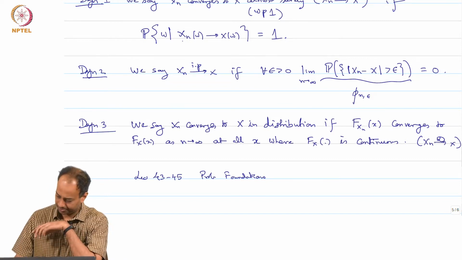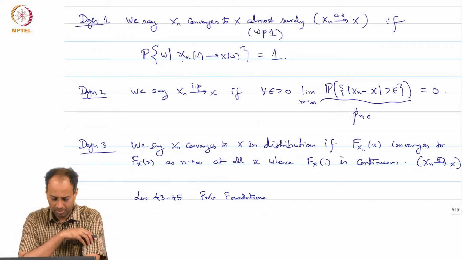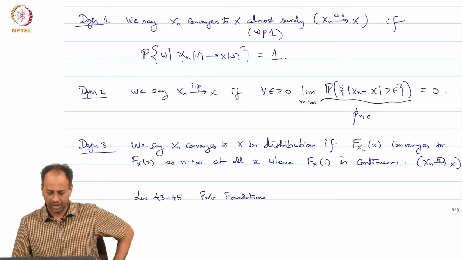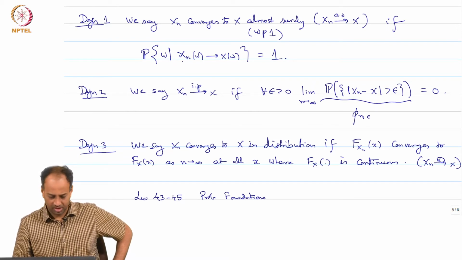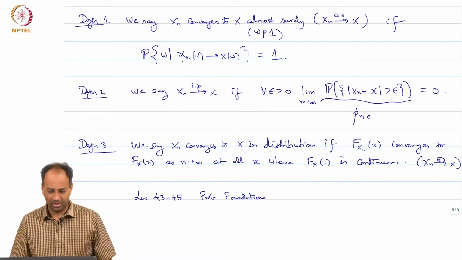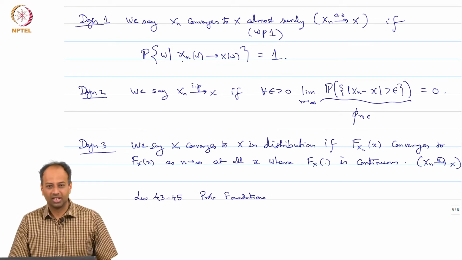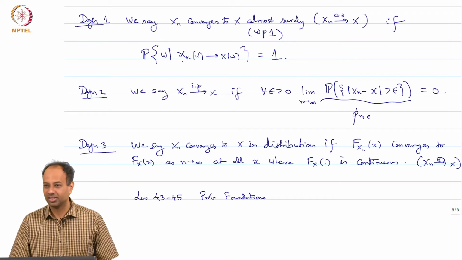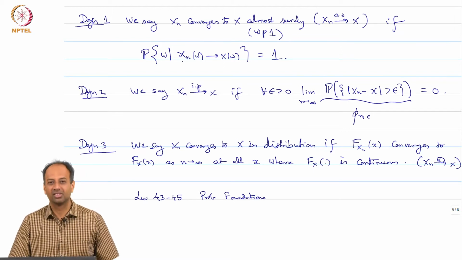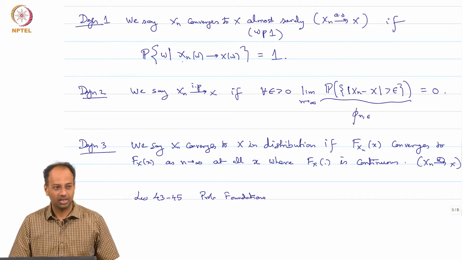Now, maybe I should give you some examples to illustrate these convergence notions. Perhaps the most important result of almost sure convergence is the strong law of large numbers, which basically says that sample averages converge to the expected value almost surely.